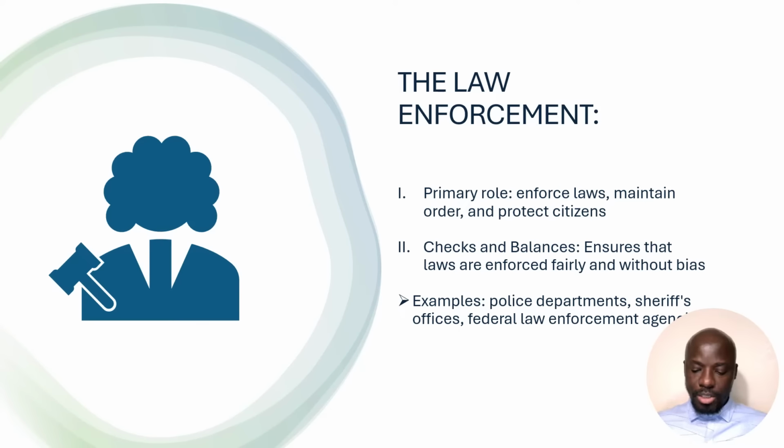The check and balance is to ensure that laws are enforced fairly and without bias. Examples: police departments, sheriff's offices, and federal law enforcement agencies.